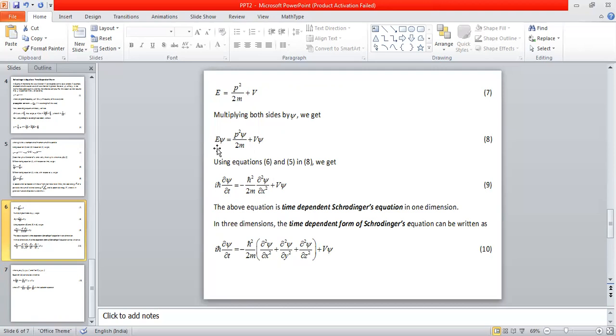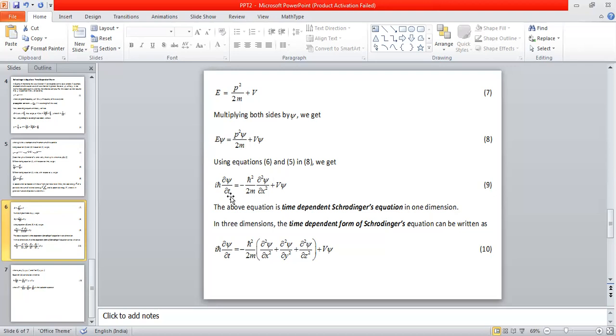That is what we call the respective physical observable operator. Here, energy E should be treated as an observable, and this energy observable is replaced by a quantum mechanical operator. The quantum mechanical operator for energy E, as per equation 9, is given by iħ ∂/∂t.